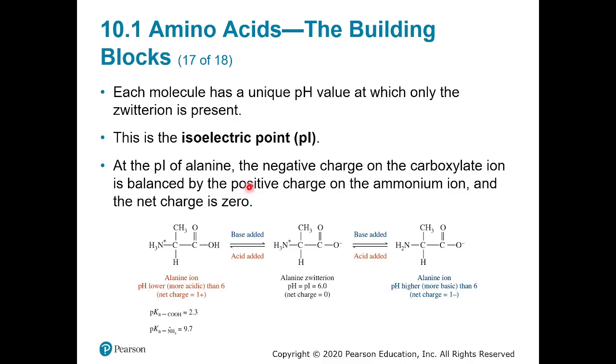If you were to add base, on the other hand, you'll deprotonate the amino portion, and again, you'll get a negative charge one. And so you can actually disrupt that isoelectric point. pH 6 is actually where the isoelectric point is for this, where you'll have equal amounts of both forms. This right here is where you would have the majority of this form.